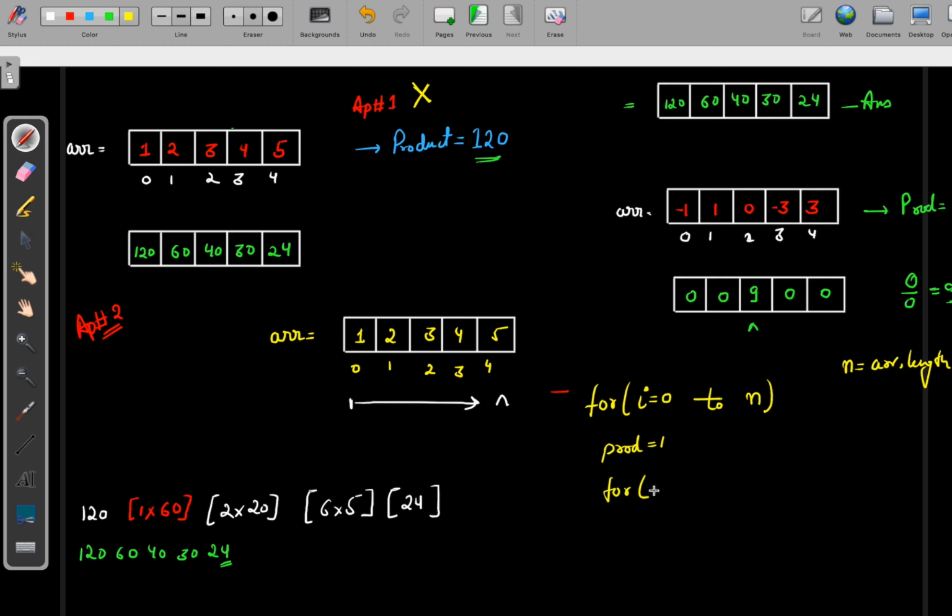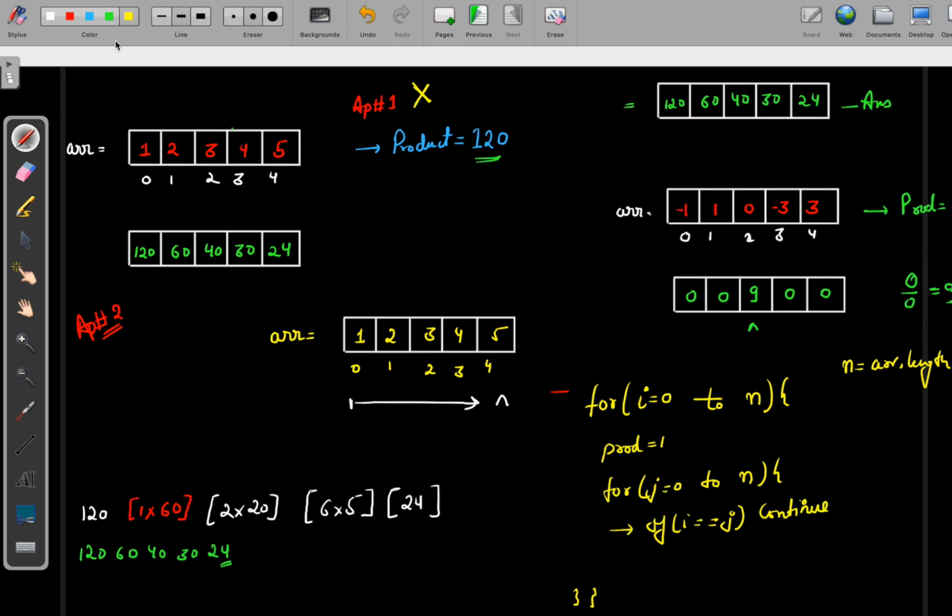Again I will run a loop from 0 to n, but here there is one catch. I will write a condition: if i equals j, that means you need to ignore it, continue.